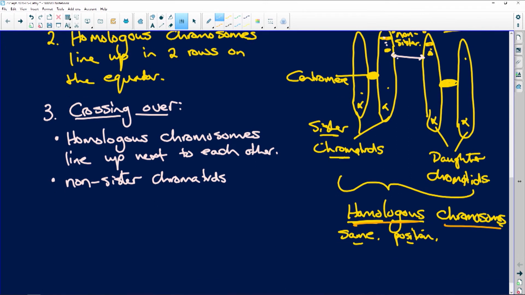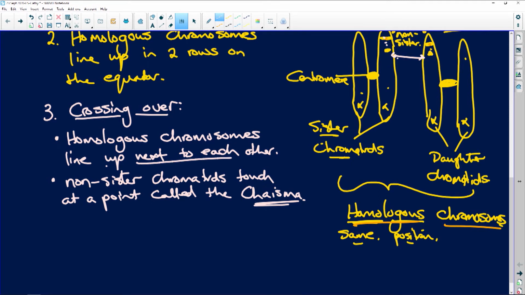So the non-sister chromatids touch at a point called, and this is important, chiasma. Okay, so first they line up next to each other. Then they touch at a point called the chiasma. Okay, then crossing over takes place.